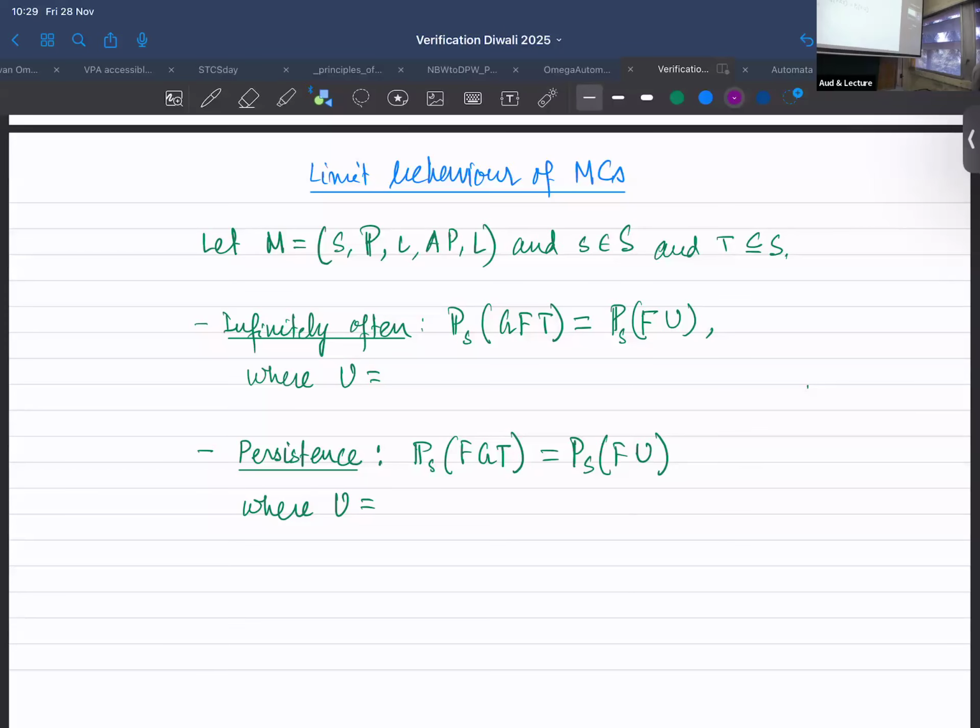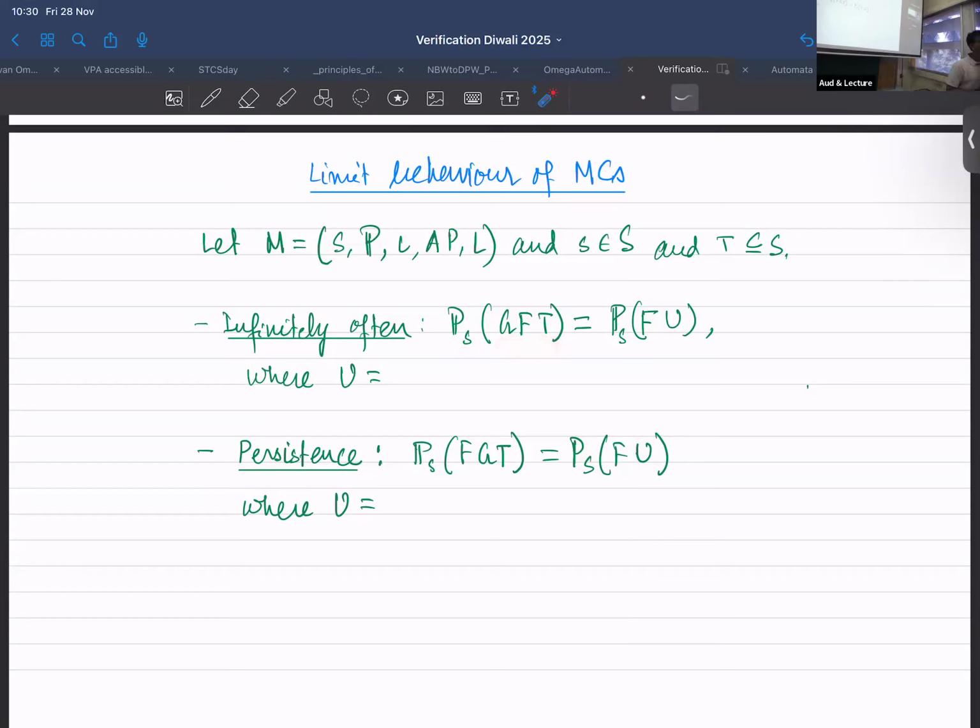Okay, so for example, if I talk about infinitely often, I would like to see some set T, which is a subset of S. Infinitely often, I would like to see some subset T of S, and I'm trying to see what is the probability of this event. So starting from state A, what is the probability of satisfying infinitely often I visit T?